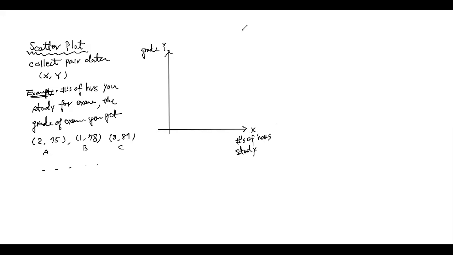So if you plot all the data you collect, here you have 1 hour, 2 hours, 3 hours, 4 hours, 5 hours, and here the grade: 50, 60, 70, 80, 90, and then 100. You ask all the students and plot it, and you will get something like this.